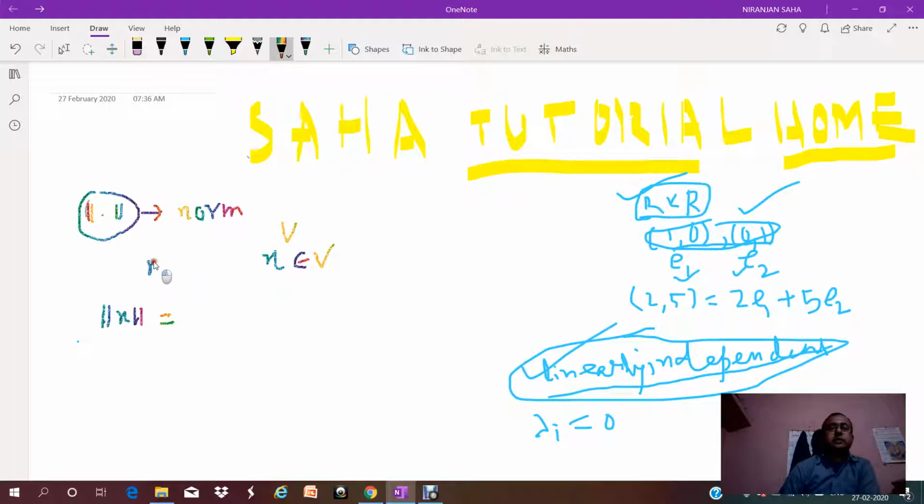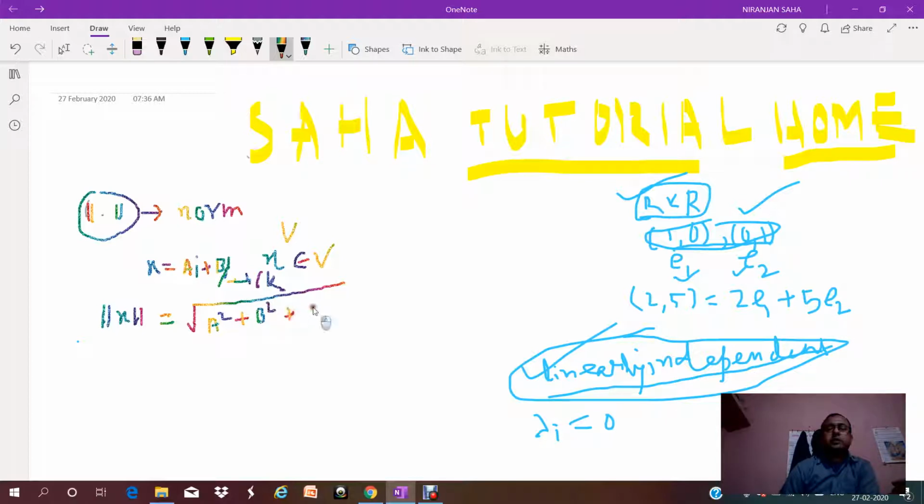If x is ai plus bj plus ck, then the norm is defined in this way: the norm is the square root of a squared plus b squared plus c squared.